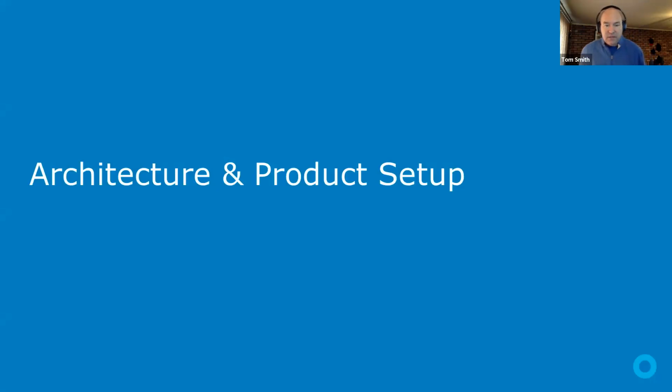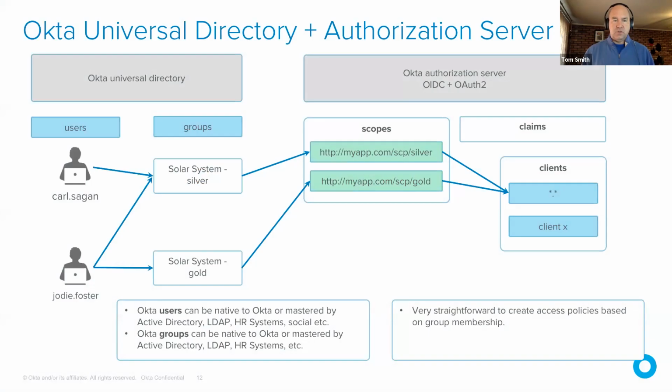Okay, so let's start getting into some tech stuff. I'll go over what the user architecture looks like in Okta first. This scenario is one that I've set up. It's very simple, but it's basically about two different kinds of users getting two different access tokens based on their group membership in Okta.